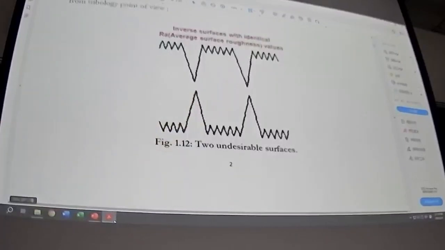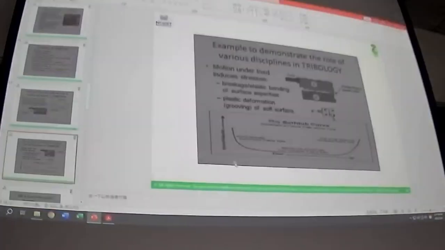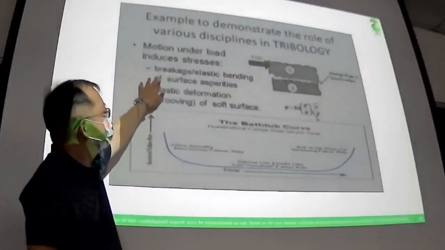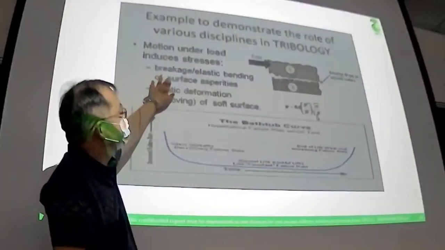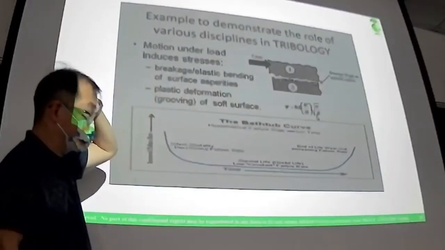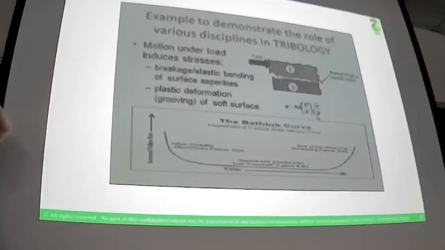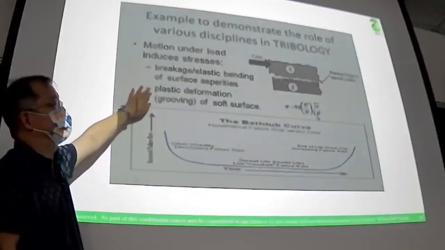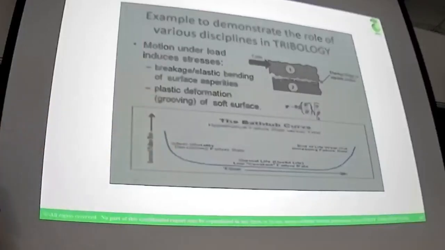So that's why we have the breakage or the elastic bending for your surface asperity. Okay, and probably you have a plastic deformation.